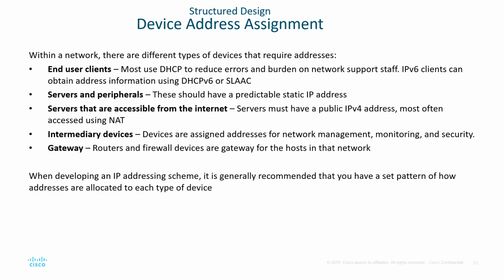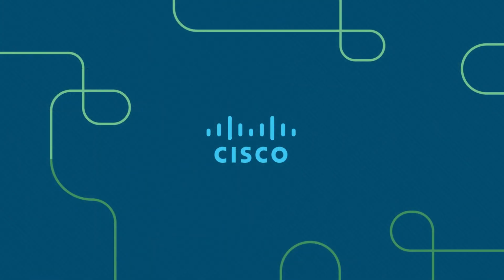So when you are developing an IP addressing scheme, it is generally recommended that you have a set pattern of how addresses are allocated to each type of device. So that is a little bit about your networking and hosting fields, your subnetting, your private versus public, and we will talk more in depth in class about these parameters.